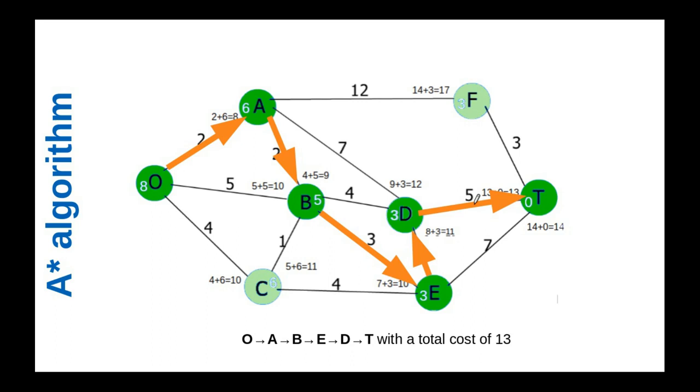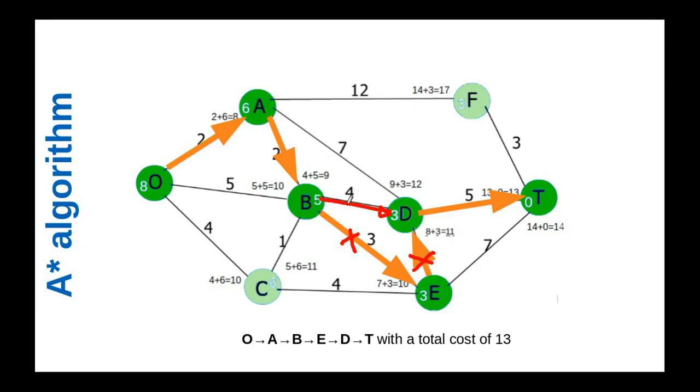So our final list of waypoints is O, A, B, E, D, T, but the same way that happened with the Dijkstra, we can consider to forget about this turn and go directly from E to D. So it's a synonymous solution.